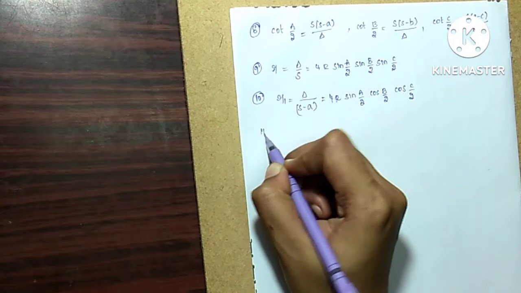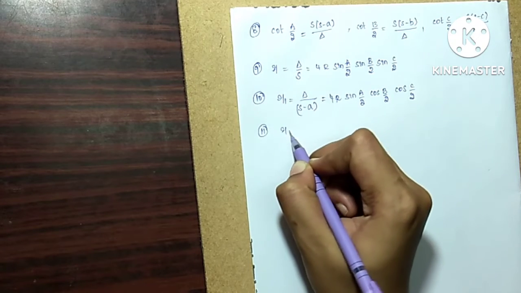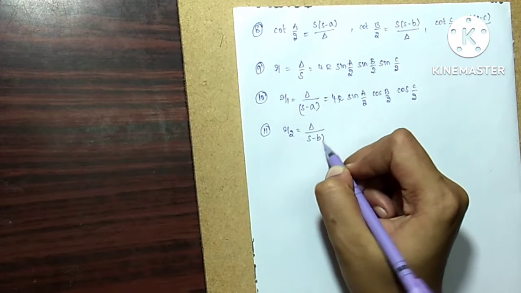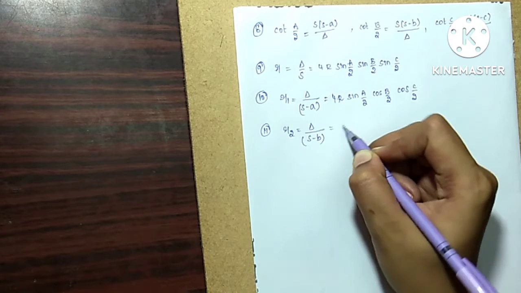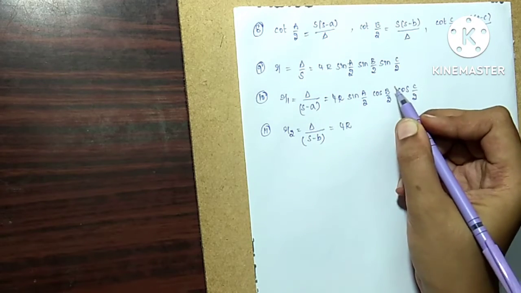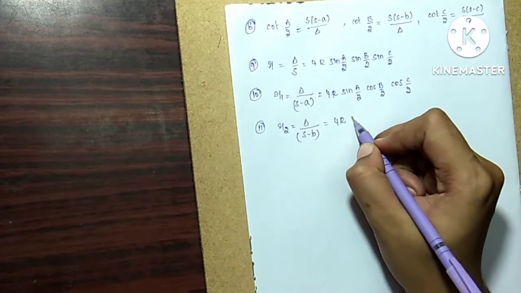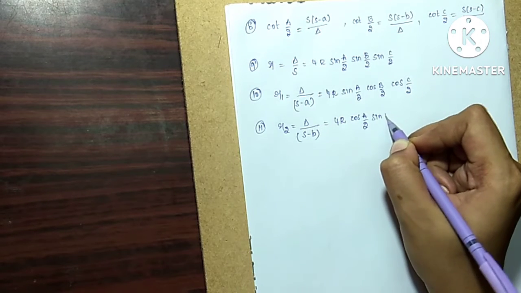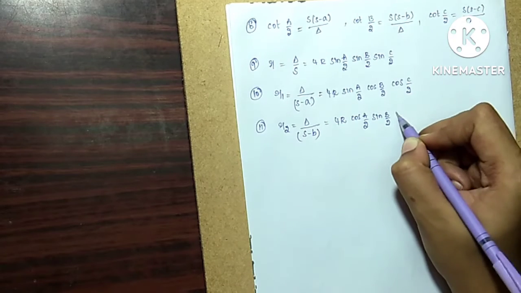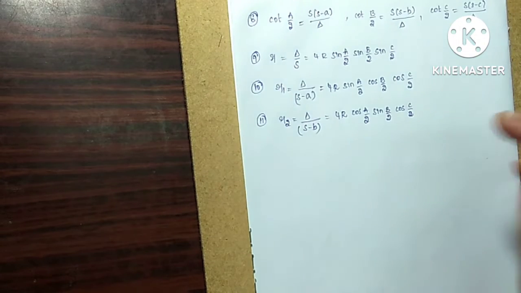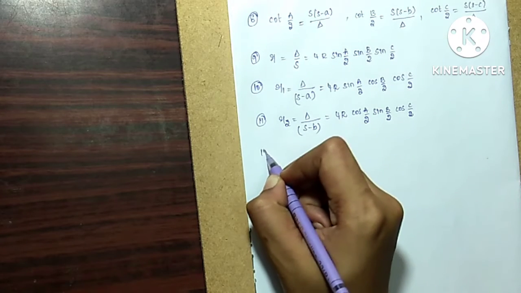For the next, r2 form, delta by s minus b is equal to 4R. Now we change the B form into sine. So cos A by 2, sine B by 2, cos C by 2. Quite easy, this chapter is very easy.